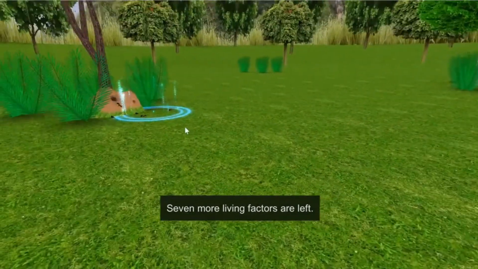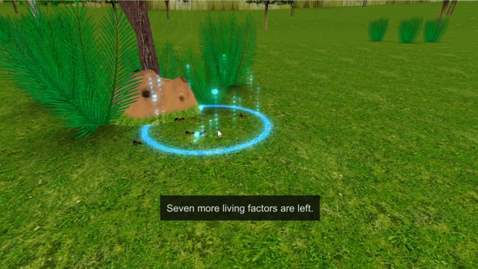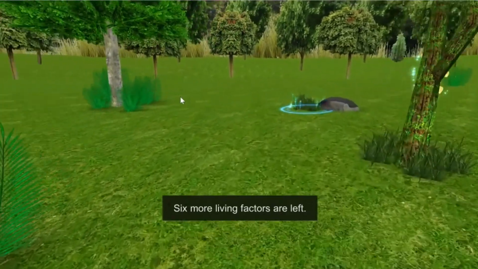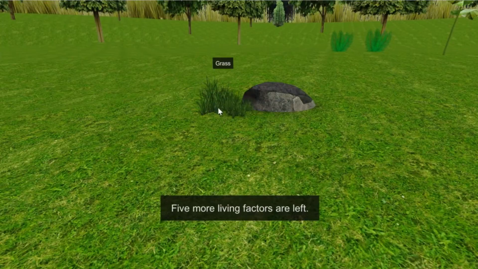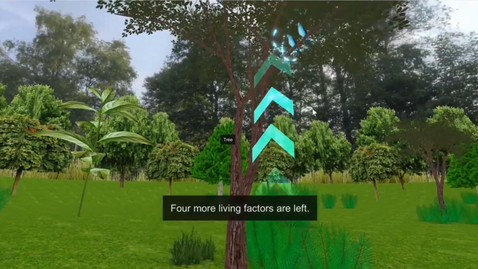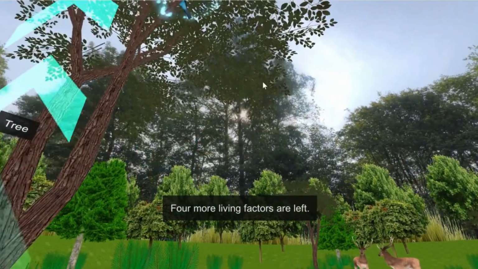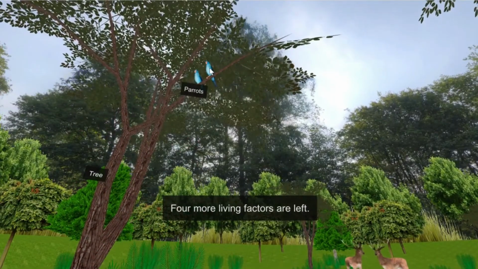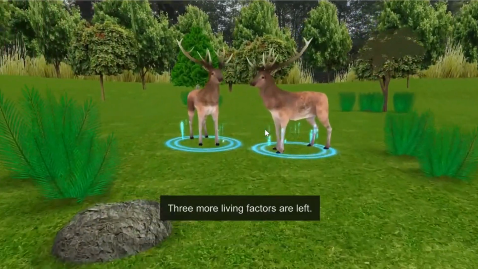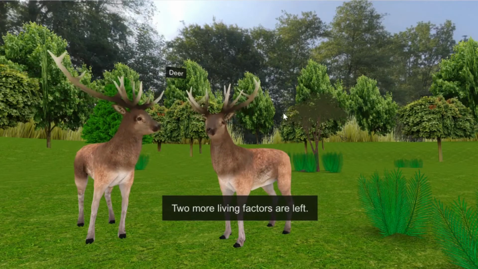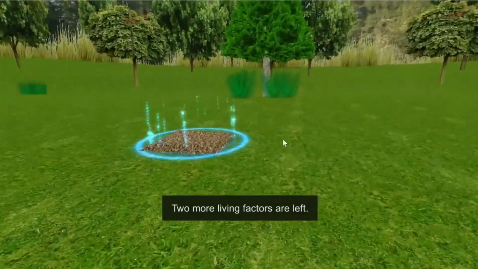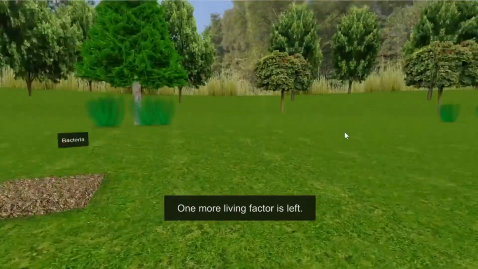Seven more living factors are left. Six more living factors are left. Five more. Four more. Three more. Two more. One more living factor is left.